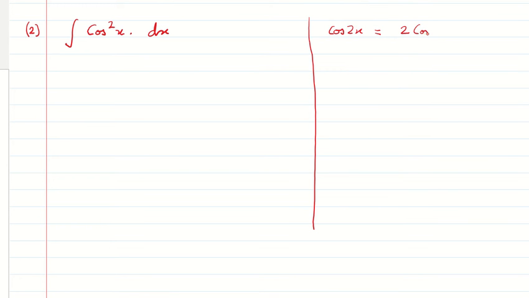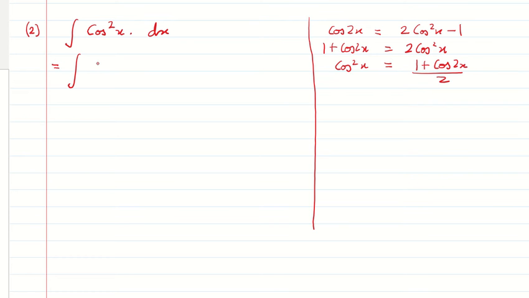That's your 2 cos square x minus 1. So 1 plus cos 2x will be 2 cos square x. So therefore your cos square x will be 1 plus cos 2x upon 2. So this will become integral of 1 plus cos 2x upon 2.